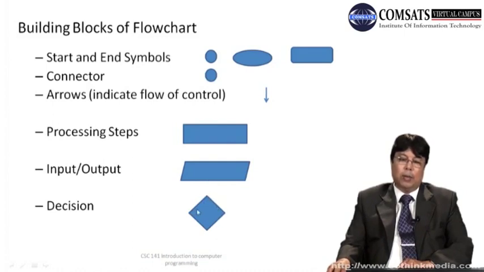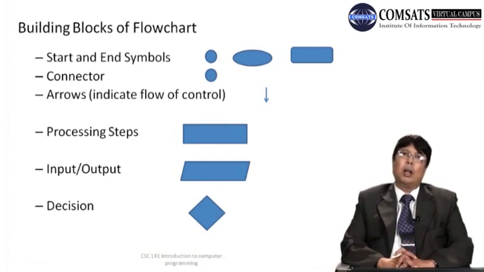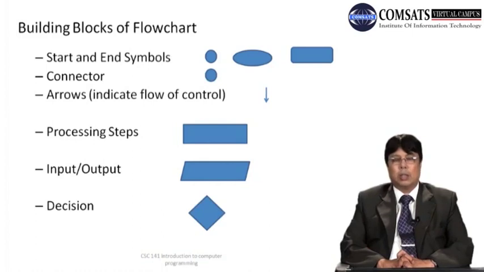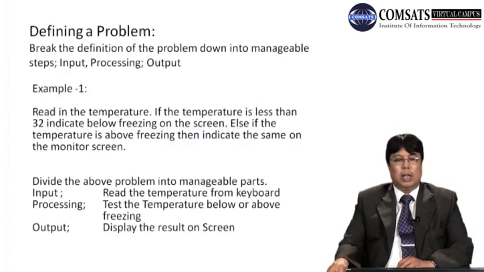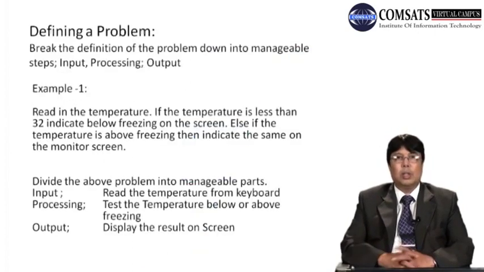Usually with one input we use two possibilities, yes or no, but there are certain cases where we are required to use the three outlets, three corners of this decision box. So with this brief introduction of the symbols, let us take the same example which we practiced a few minutes back.